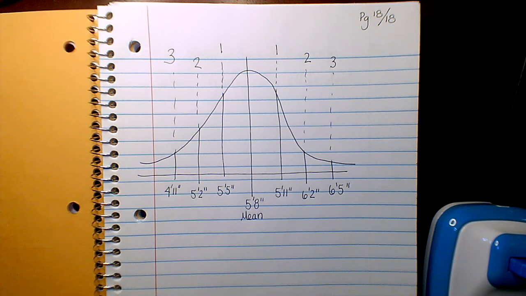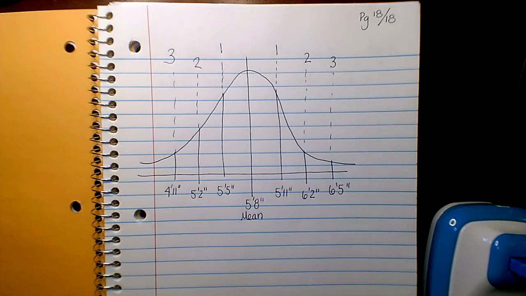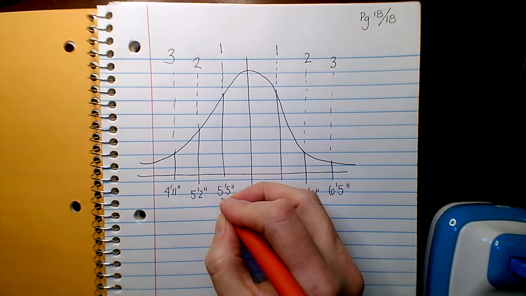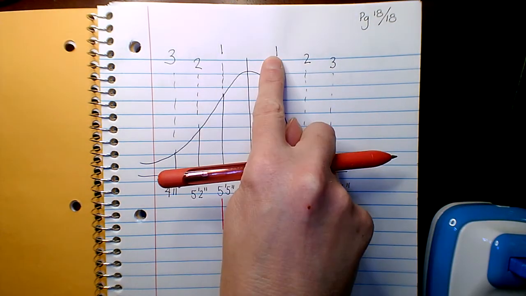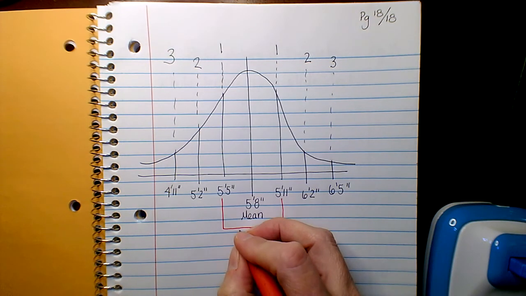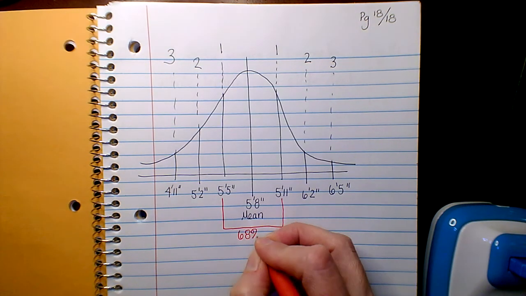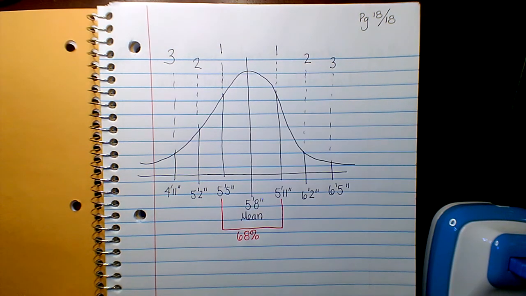All right, so comparing this to this, here's what we have. Within one standard deviation, one above and one below, is this 68% of data. Remember, this is 34 and this is 34.